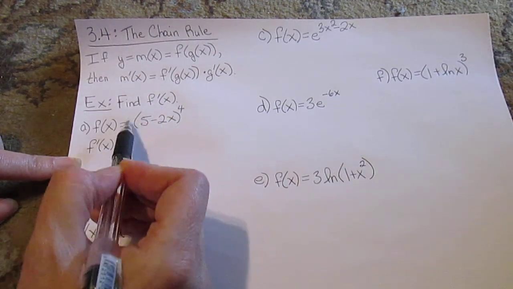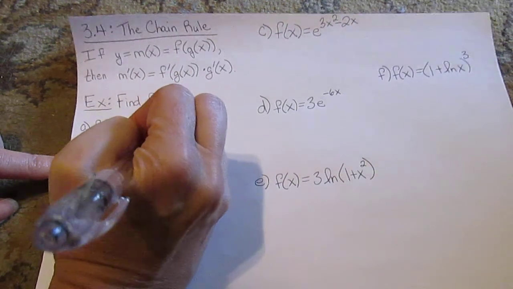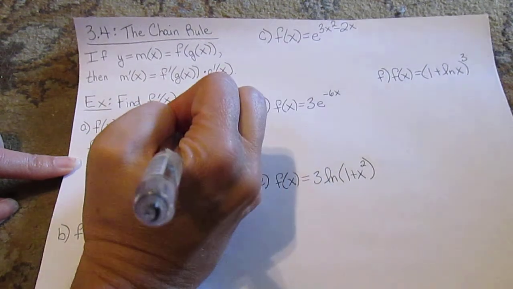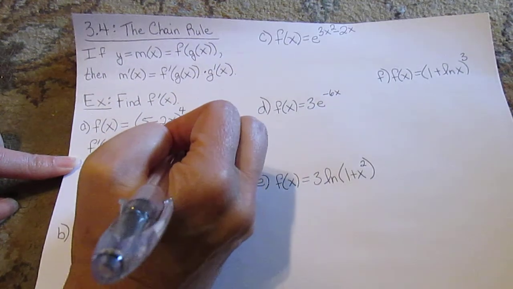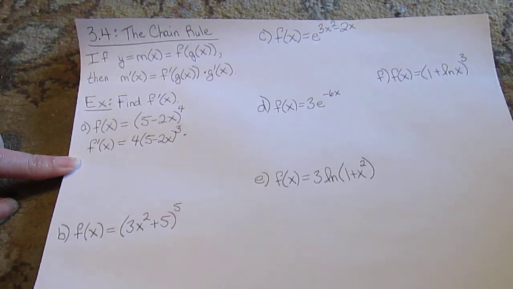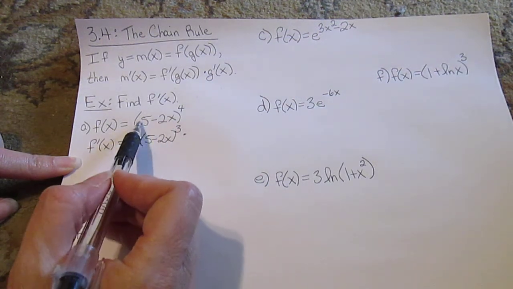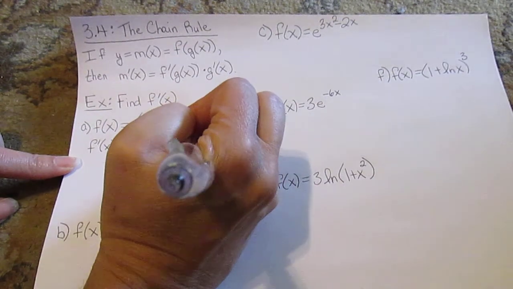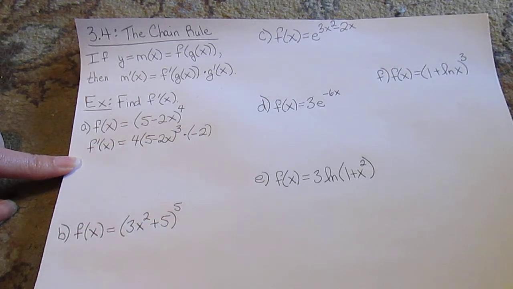So we'll bring the 4 down, leave the inside alone, and then subtract 1 from the power. And then we're supposed to multiply it times the derivative of the inside function. The derivative of the inside function, well, that's just 0, so we've got negative 2 here. And then you can just finish by cleaning it up.